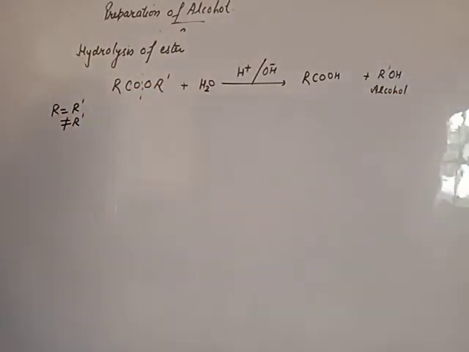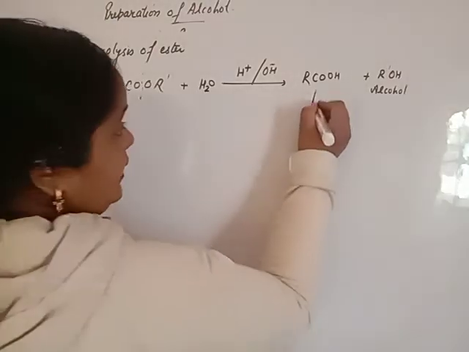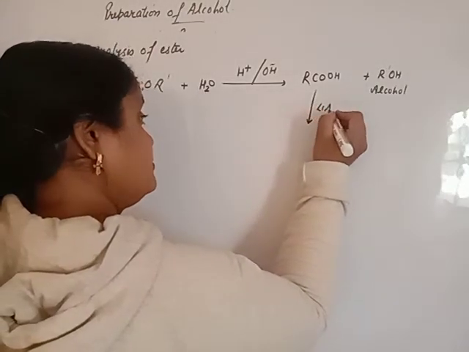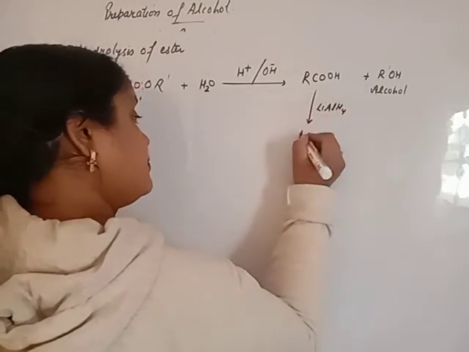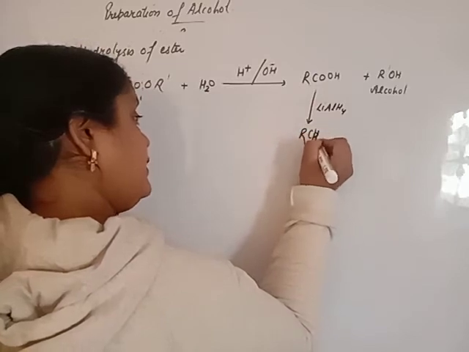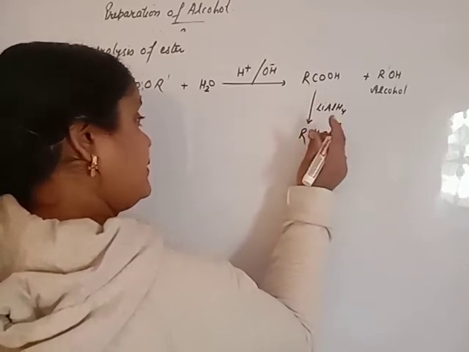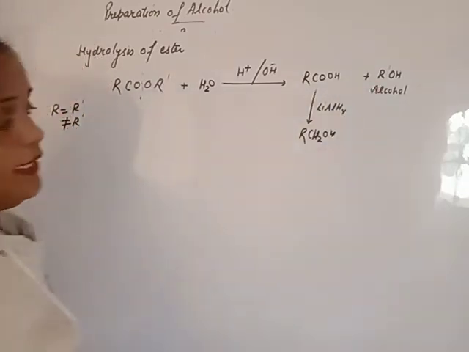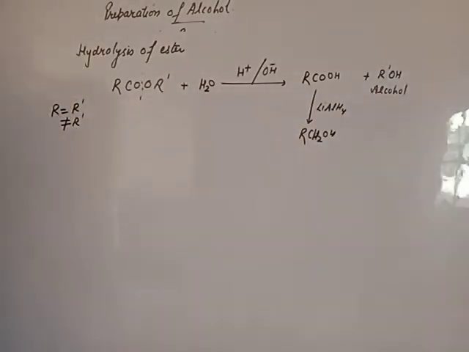If both are different, we get different types of acids, and upon reduction we get alcohol. But if both are different, we get different alcohols. But if R dash is greater than R, we get the same alcohol.